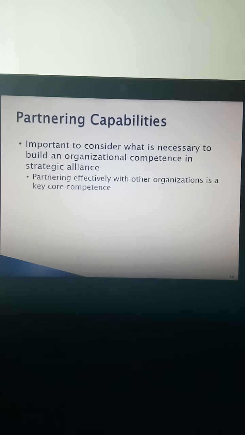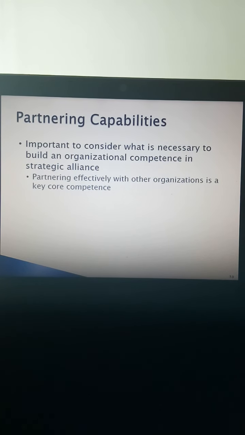Otherwise, it is not worth it. Okay, it is important to consider what is necessary to build an organizational competence in strategic alliance. Partnering effectively with other organizations is a key core competence which may need to be developed.